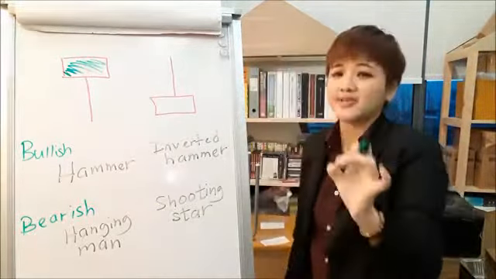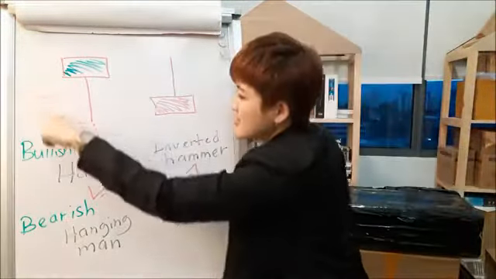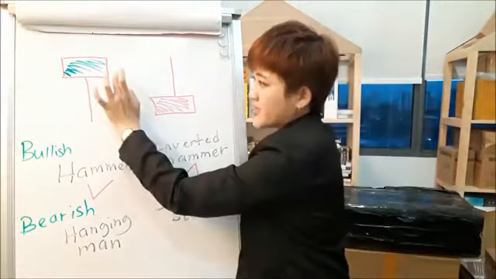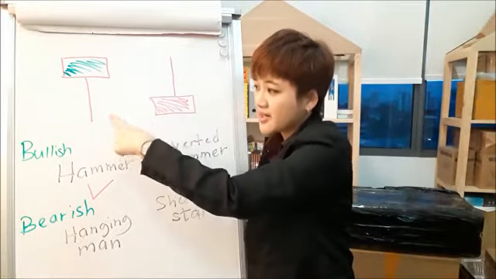So now some people will ask, Karen, how come a hanging man looks like this, but it is a bearish signal? Because based on this, it doesn't make sense. Now the psychology behind this is, when the price opened up here, sellers came in and pushed the price down, right?